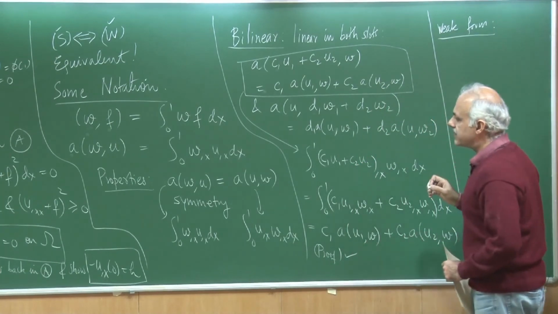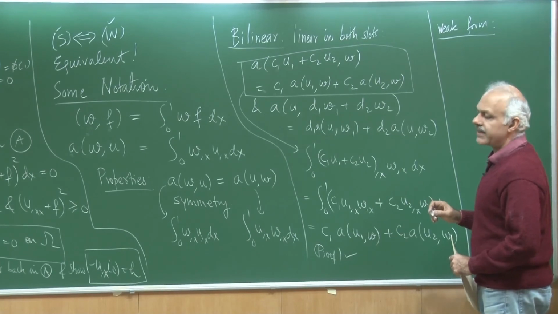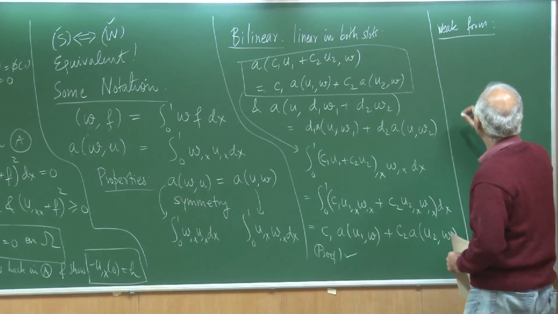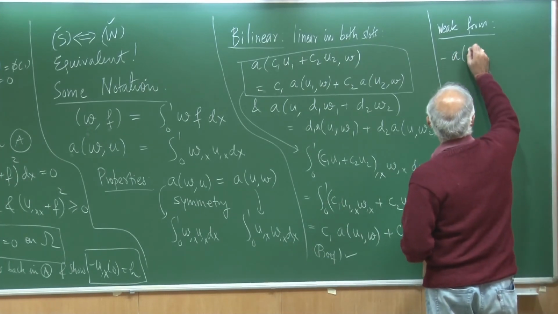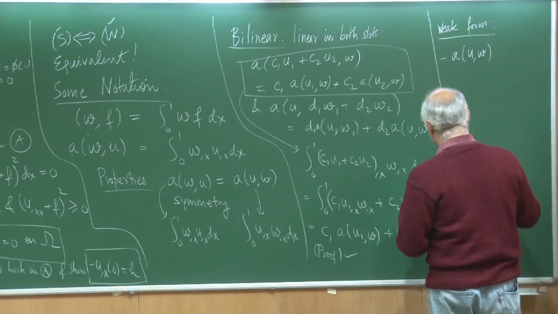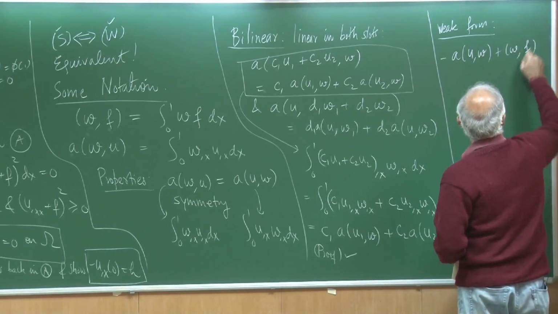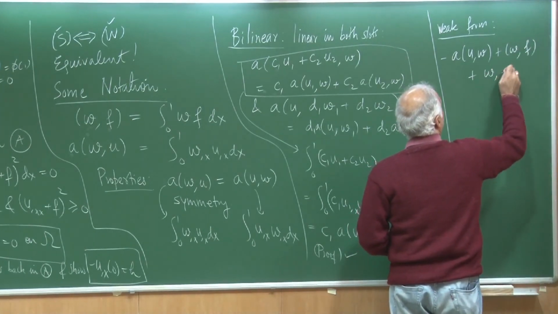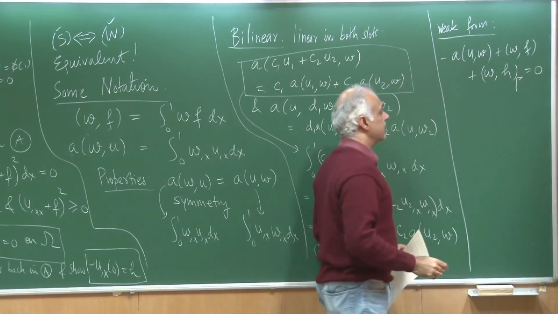So what we will do is take the notations that we have prescribed and plug them into the weak form, and then the statement is going to look something like this: minus A(u, W) plus (W, F) plus (W, H)_Γ is 0.